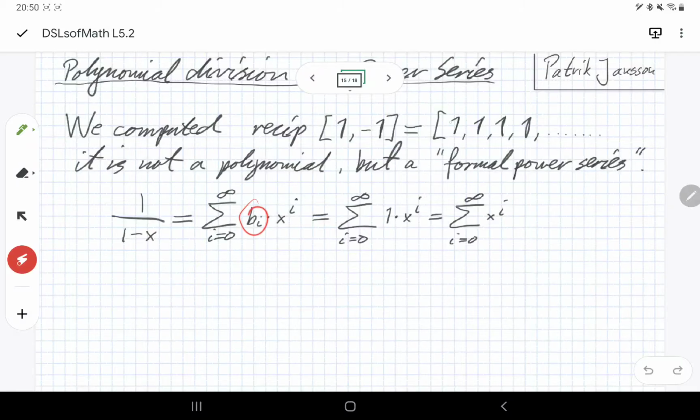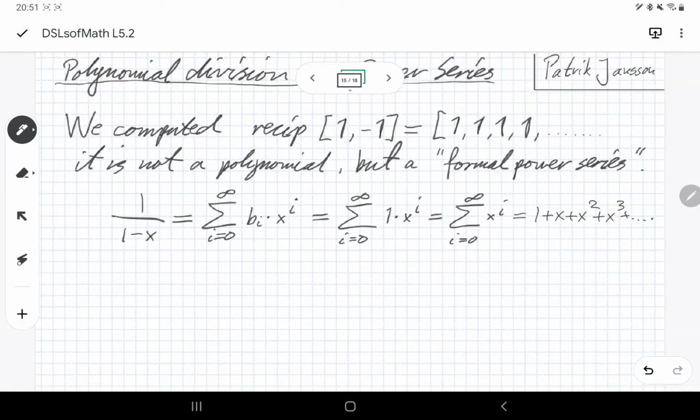And as all the b_i are 1, this is just the sum which you may recognize from some other maths course, that 1 over 1 minus x can be written as the infinite sum of x to the power of i. So, if you want to be even more explicit, it's 1 plus x plus x squared plus x cubed plus and so on ad infinitum.